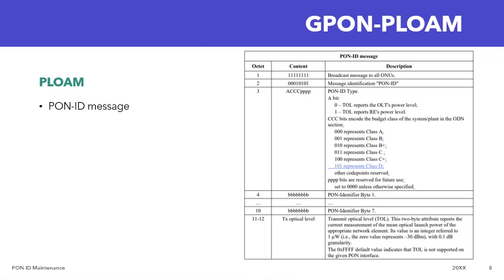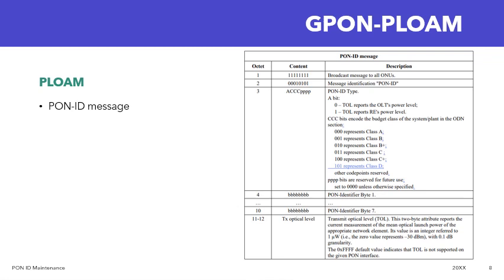Bytes number 4 to 10, 7 bytes, will help in identifying the PON ID, and the last 2 bytes, 11 and 12, will help to see the TOL that is being measured.